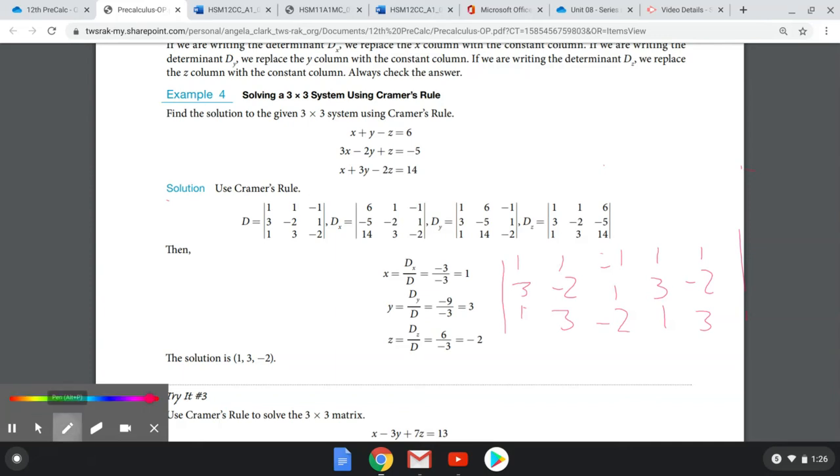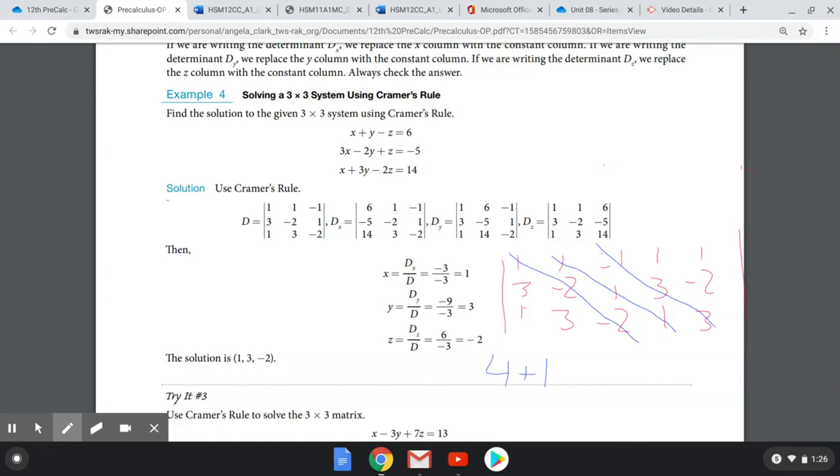So I'm going to switch colors here so we don't confuse ourselves. And I'm going to find this diagonal. So I'm going to multiply that diagonal. So I have 1 times -2 times -2 is 4. Plus multiplying this diagonal, 1 times 1 times 1 is 1. Plus multiplying this diagonal. So I have 3 times 3 times -1.